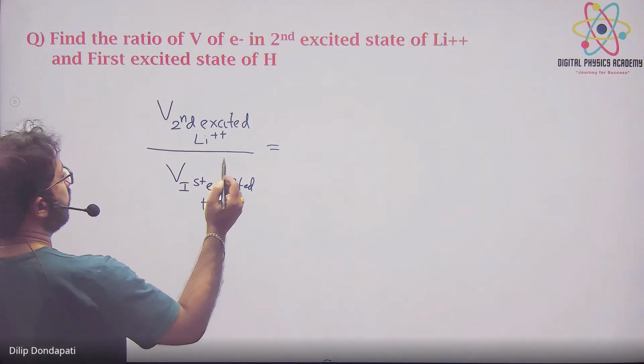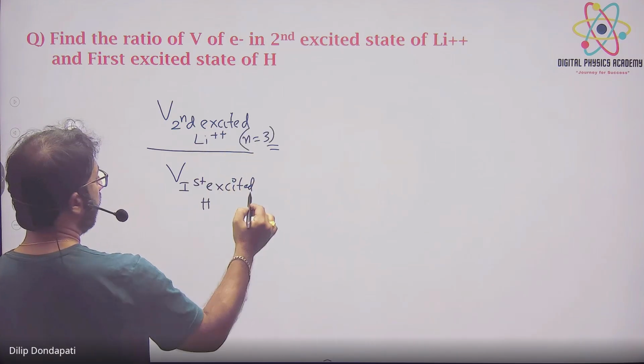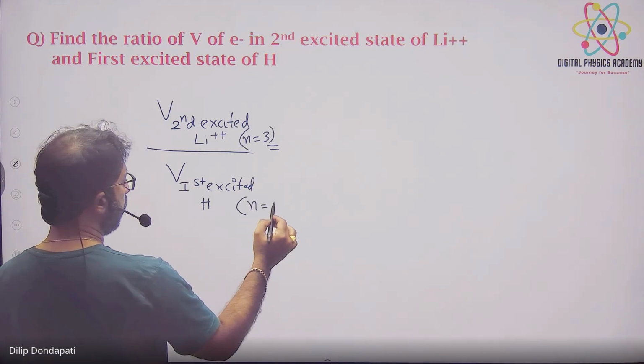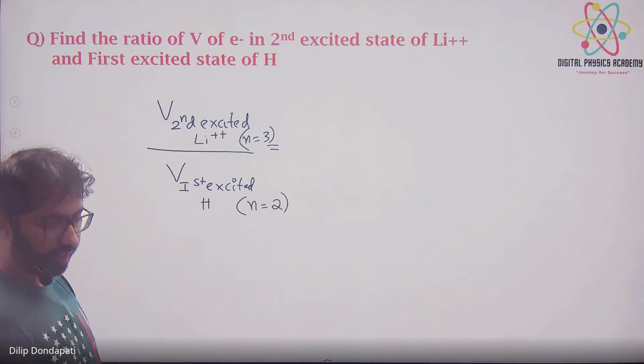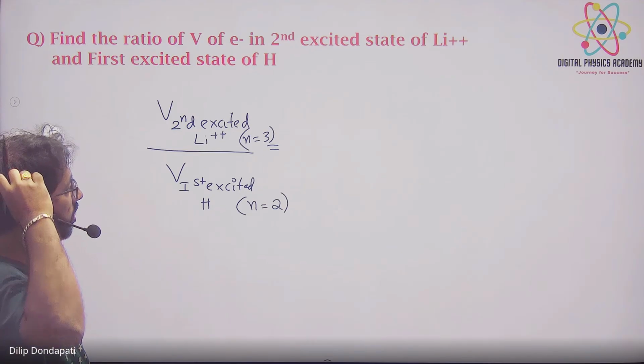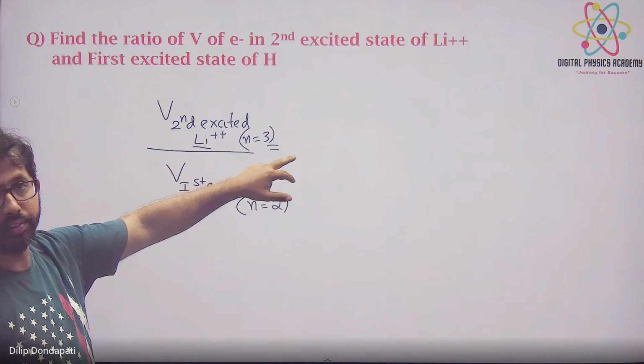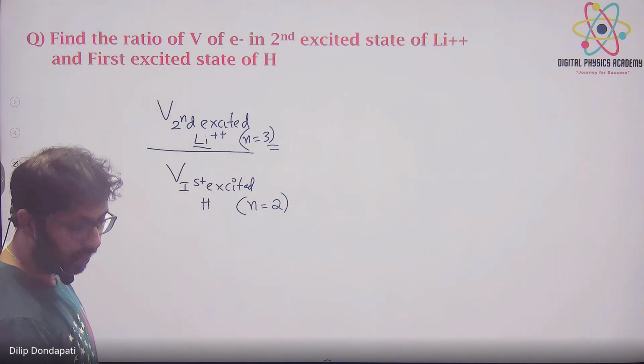So velocity of second excited state means n value is 3, right? We calculate 2.18 into 10 power of 6 into Z by n. Z of lithium is 3 by n is 3.